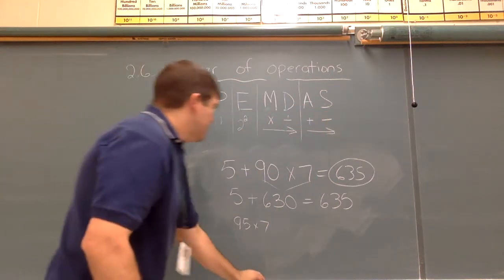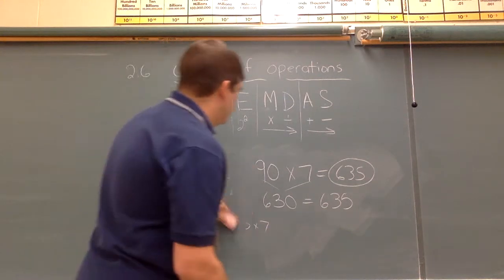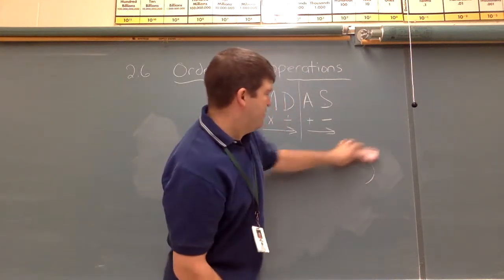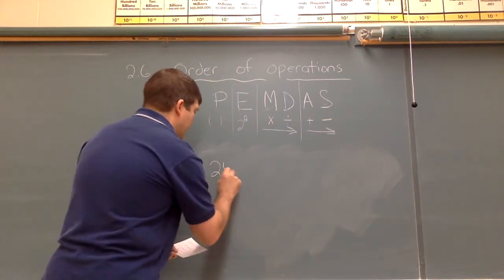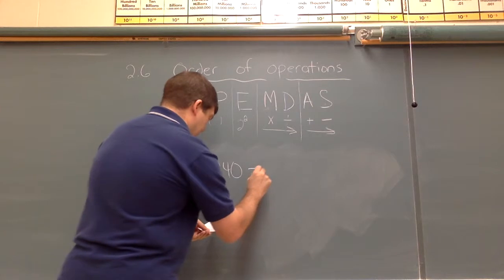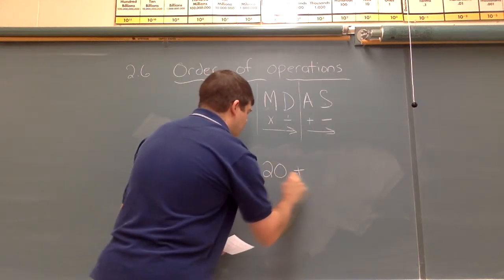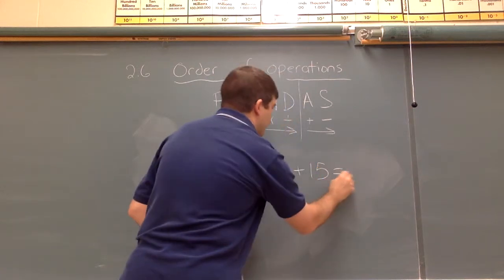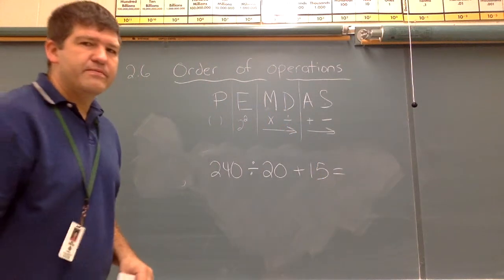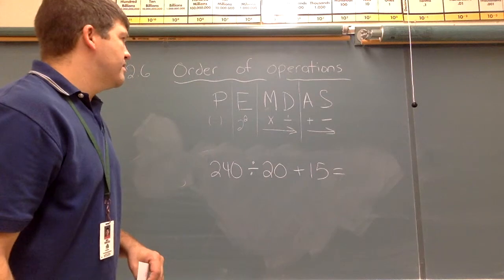All right, so let's do another one. How about we try 240 divided by 20 plus 15 equals. Okay, no parentheses, no exponents, no multiplication.